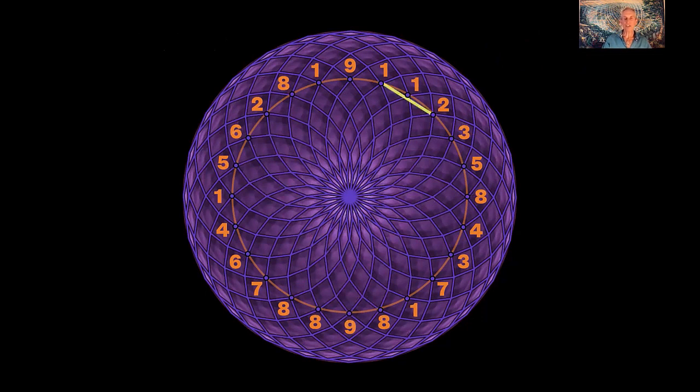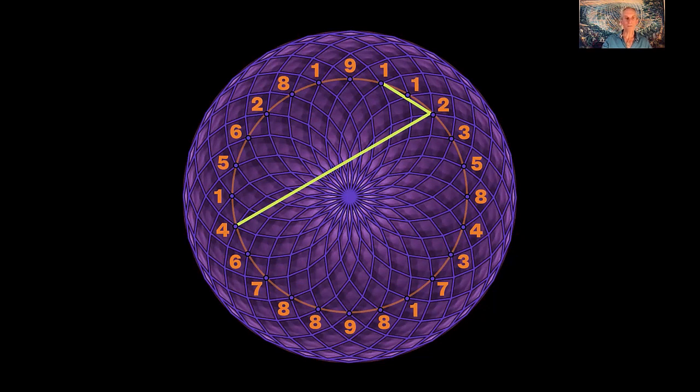The next thing I want to show you is that if we apply this rule that we've had in the doubling circuit by starting with the number 1 and going to number 2, something really interesting happens here. So starting with the number 1, which is the second number in the sequence of the reduced Fibonacci sequence, I'm going from 1 to 2, and now I'm going to go from 2 to 4 on the other side of the symbol, which is what we do in the symbol of enlightenment.